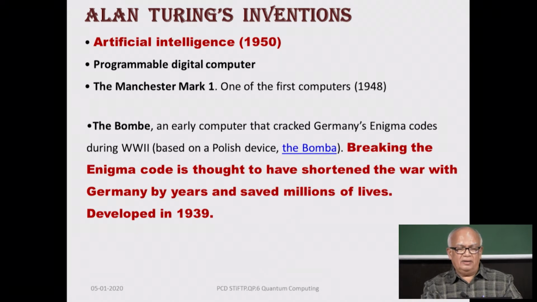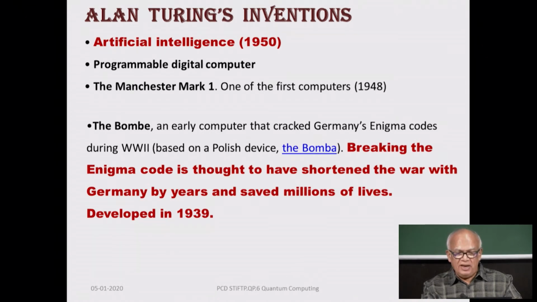And many of you may or may not know that breaking the Enigma code is thought to have shortened the war with Germany by years and saved millions of lives. So, it is not just electronics and arithmetic that got affected due to Turing's work, but it had major impact on world history.